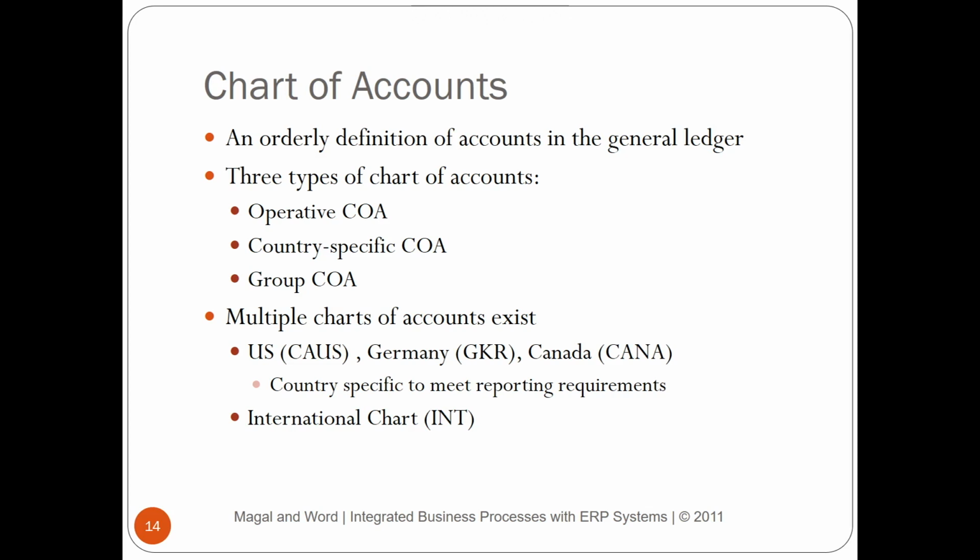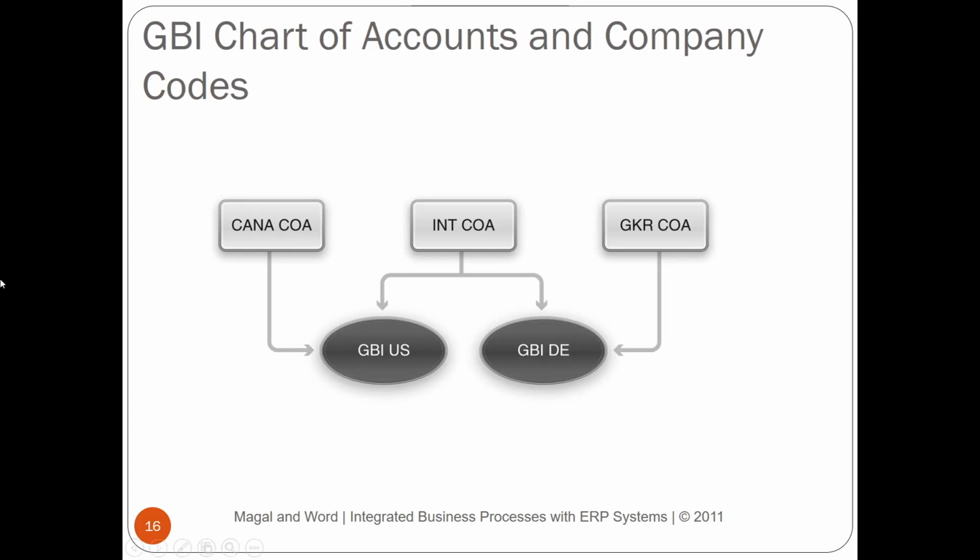And we can see in this figure a scenario in which both GBI US and GBI Germany use the INT COA chart of accounts. Why? Each company also maintains its country-specific chart of accounts, in Canada or in Germany, COA.